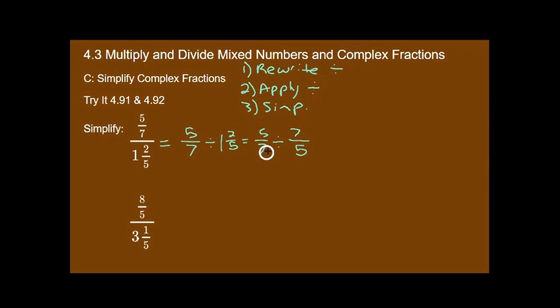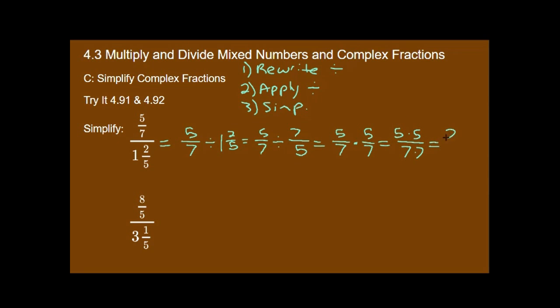Okay, so I have 5/7 divided by 7/5, and then I'm going to change that into a multiplication problem. 5/7 times, take the reciprocal of this, which is 5/7. So I end up with 5 times 5 divided by 7 times 7.